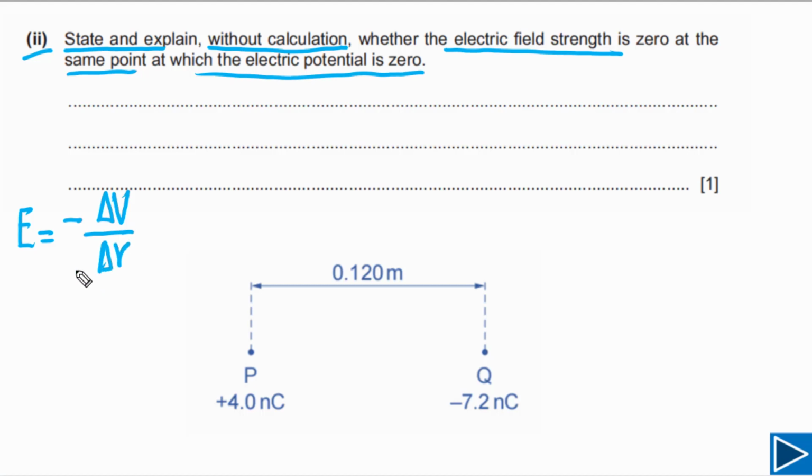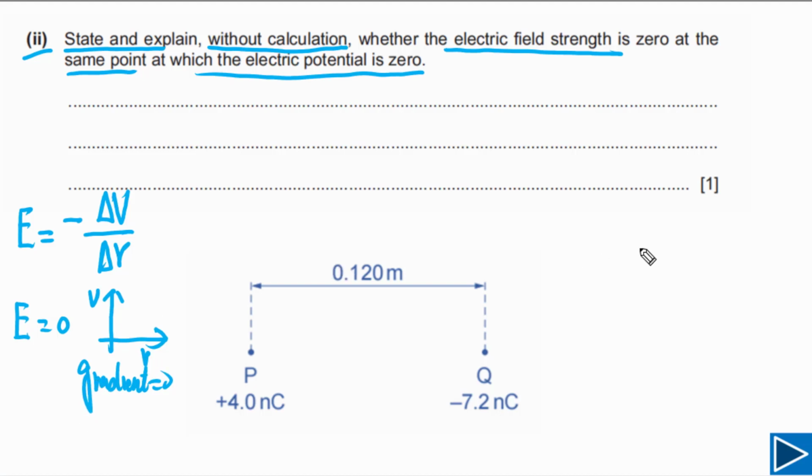So electric field is zero if the gradient of the V against R graph is equal to 0. If the gradient of this is 0, it means that the electric field is equal to 0.